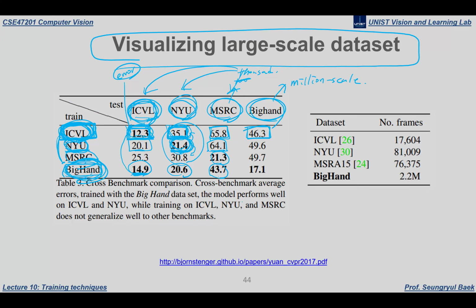This is also higher, but compared to other small scale trained models, they are becoming better. Compared to other small scale data trained models, BigHand is good. So this is the merit of having a million scale or large scale data set. Securing large scale data with good quality distribution is very important in deep learning.